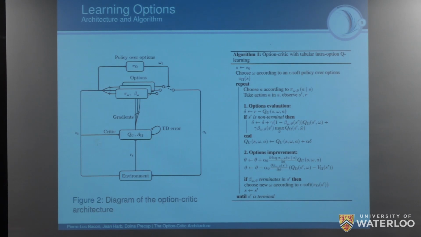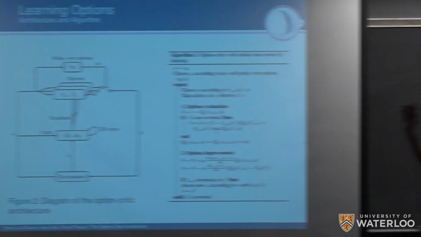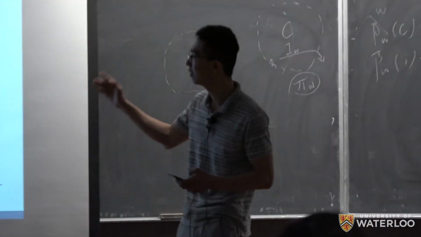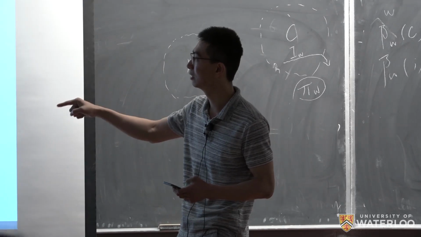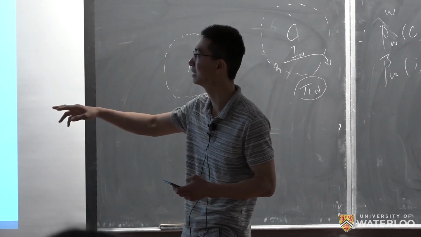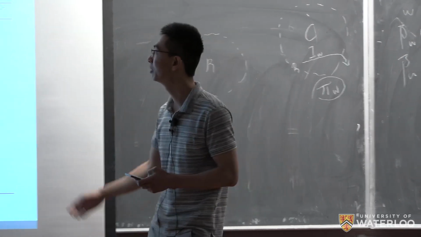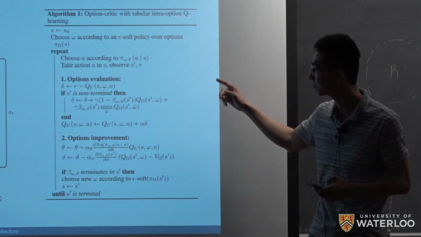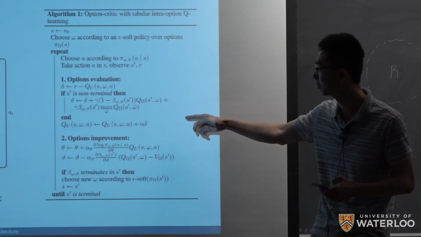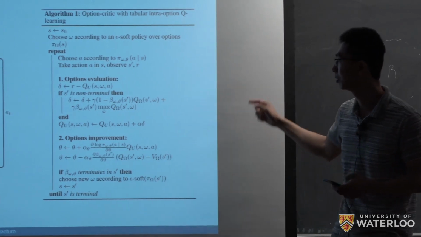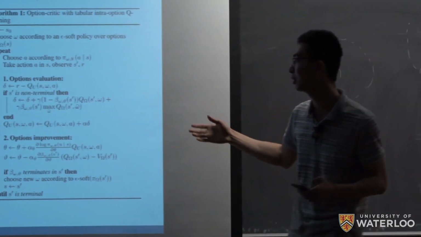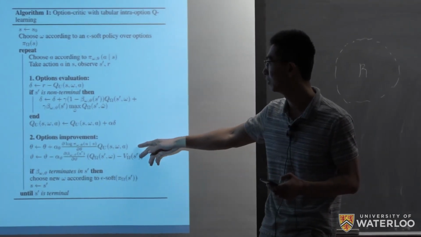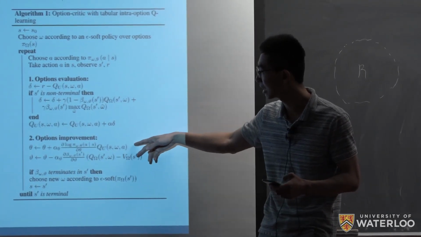Then we apply the option and the intra-option policy to select a suitable action for the state. The agent interacts with the environment, and then we evaluate the options and get a new Q-U function. Also, we want to update the option based on the results of the previous two theorems.